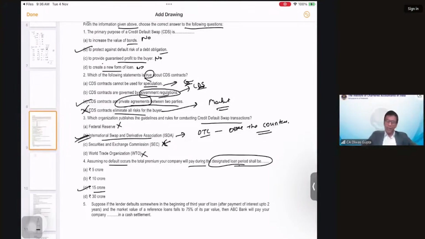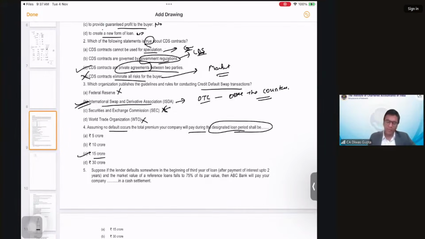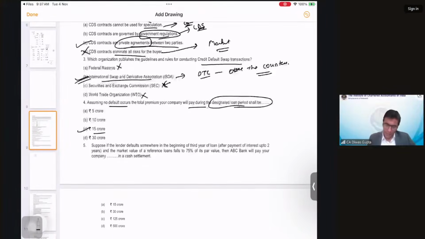Sorry. So this was the 15 crore amount that we will have to pay as a total premium for securing against the credit risk of 3 years.